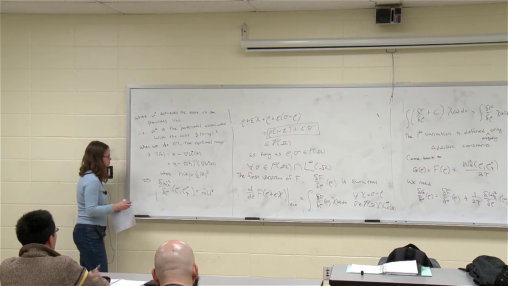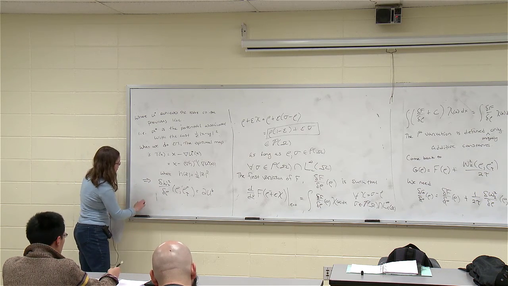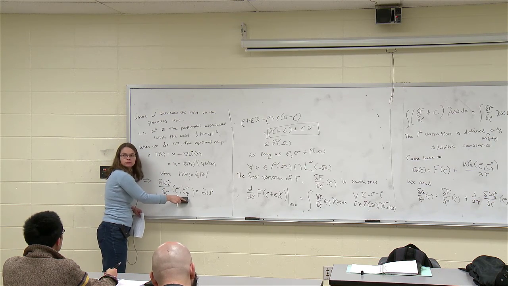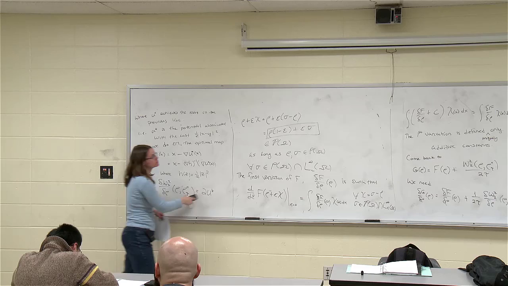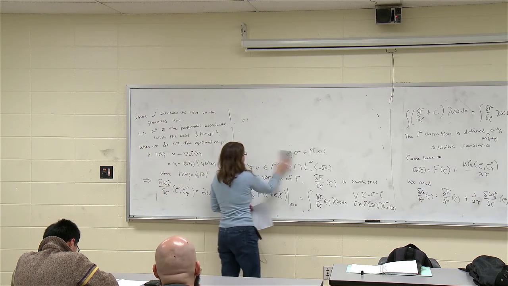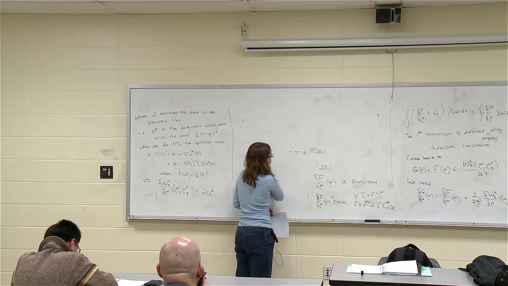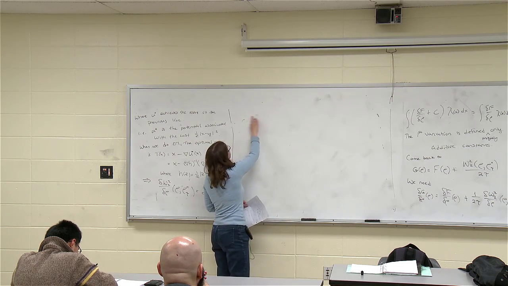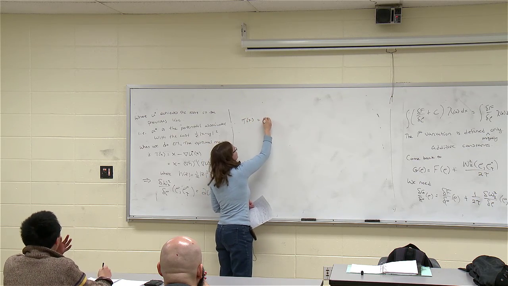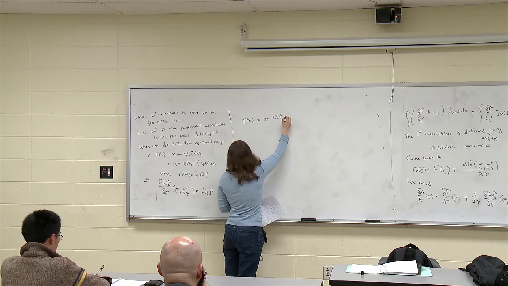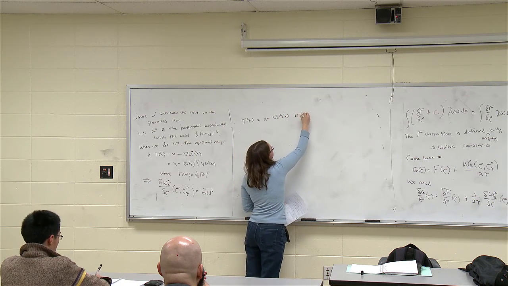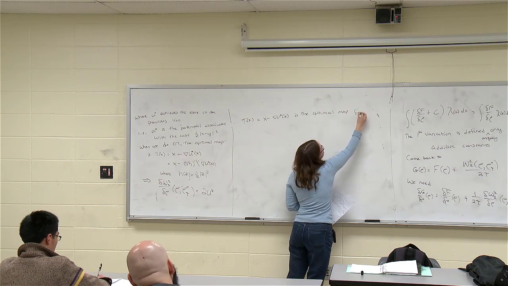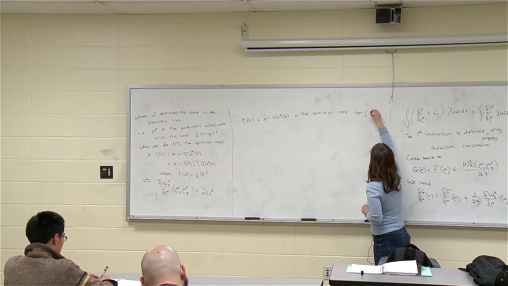And this is the optimal map from rho to rho n. So T of x equals x minus grad u is the map from rho to rho n.